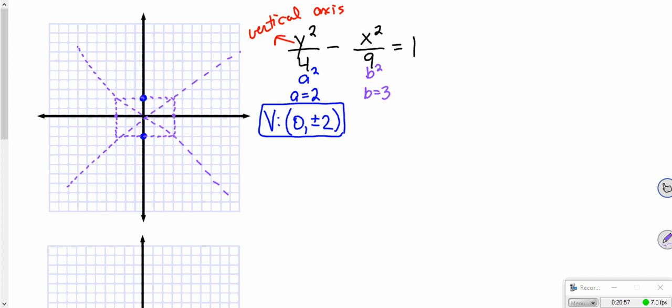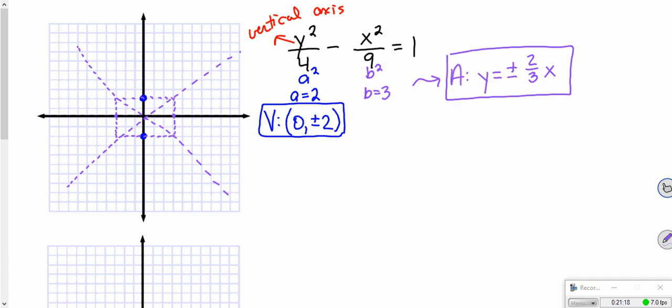So right off the bat, my asymptotes are going to be y equals plus or minus, again, rise over run. My rise is 2, my run is 3, so 2/3 x. Those are my asymptotes. Now, my foci.